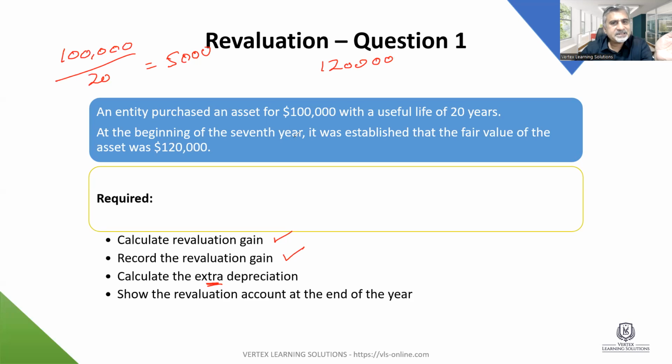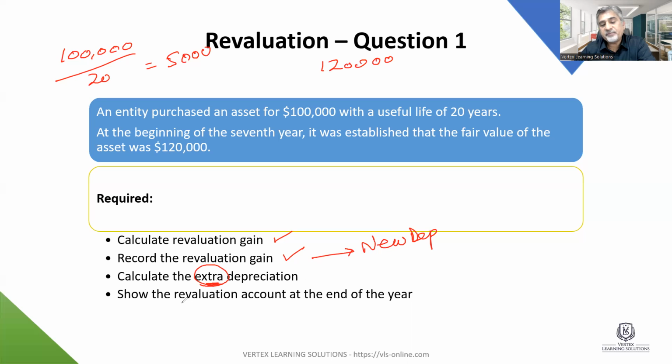So old depreciation and new depreciation. Whenever you do revaluation, you need to calculate new depreciation. After revaluation, you must calculate the new depreciation. And the difference between the old depreciation amount and the new depreciation amount is called extra depreciation.